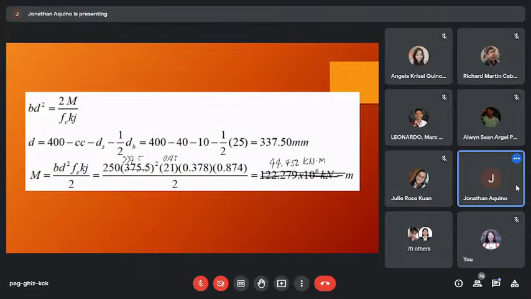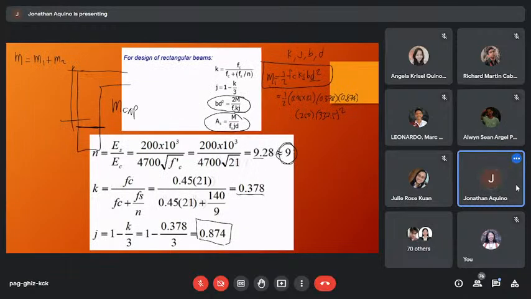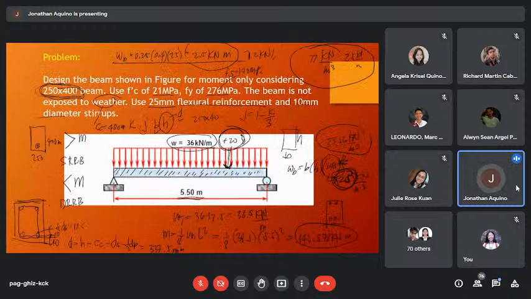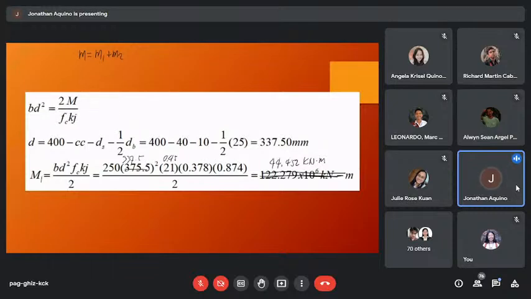Okay? So this is M1. So M is equal to M1 plus M2. So yung moment to be carried by our section is 145.578. So 145.578 is equal to M1, this is 44.452, plus M2.